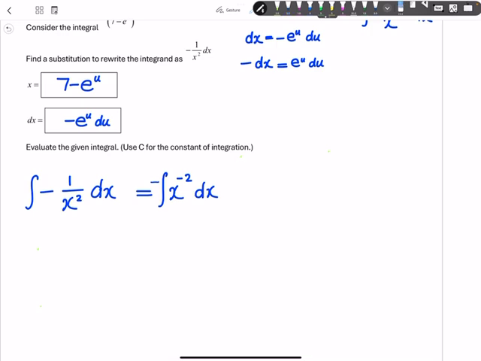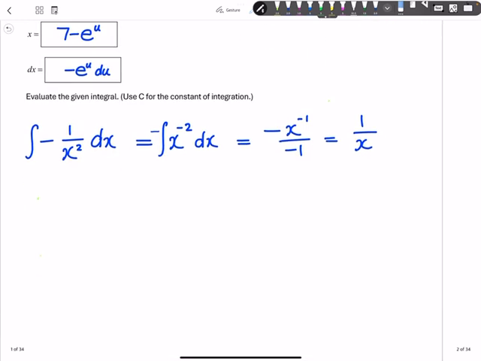All right, so when we integrate x to the power negative 2, we get negative x to the power negative 1 divided by negative 1. So add 1 over add 1 as those powers. And then finally, this will be equal to just simply 1 over x when we clean up.